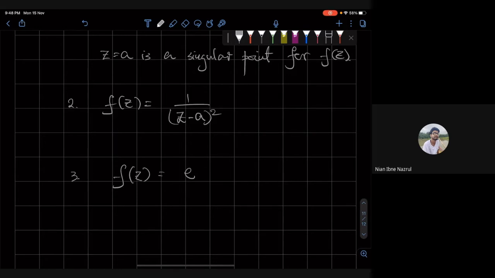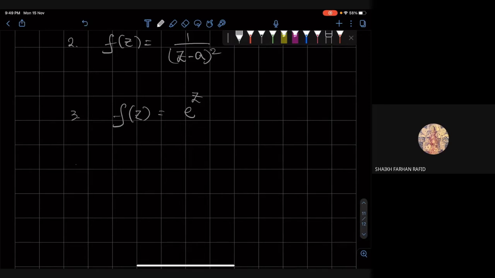Okay, now let's look at some other kinds of singularities. What about e to the power z? Does this have any singularity in the finite part of the complex plane? No, right. What about sine of z?